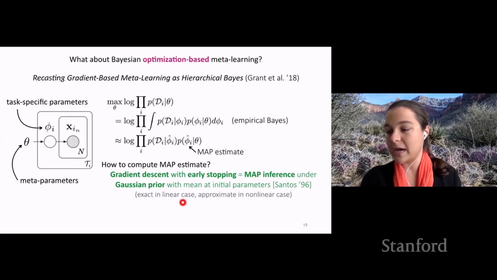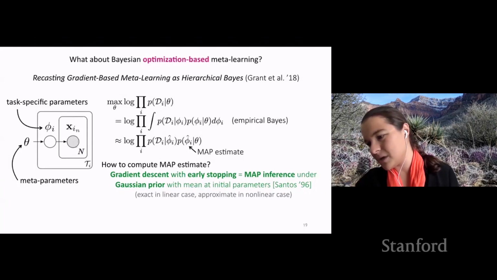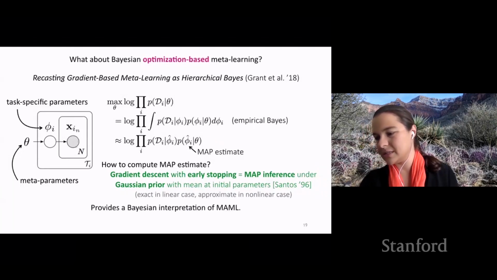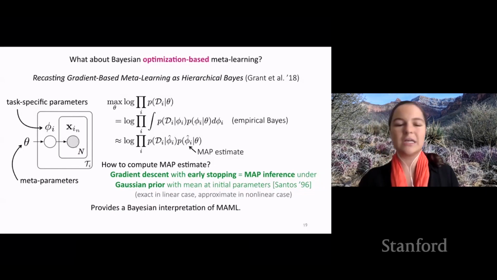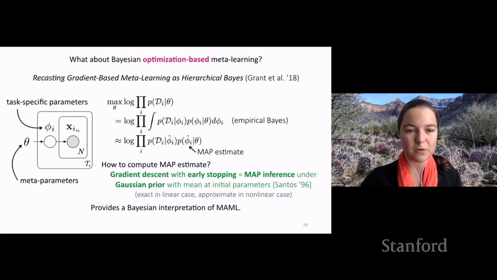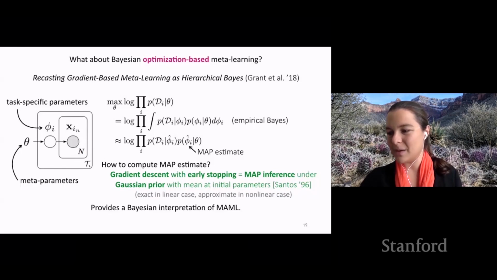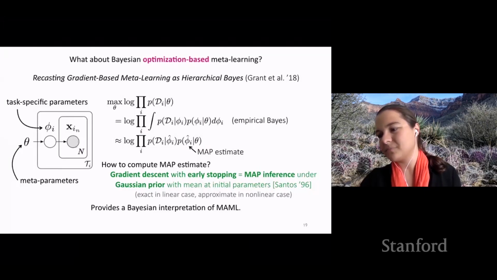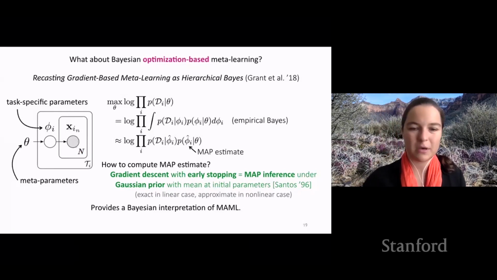And this was exact in the linear case and approximate in the nonlinear case. So by making this crude approximation, and also this approximation in the nonlinear case, this provides a Bayesian interpretation of MAML, where you can view MAML as providing this MAP estimate, using that MAP estimate to estimate this integral, and therefore showing a correspondence between the MAML algorithm and this graphical model here.